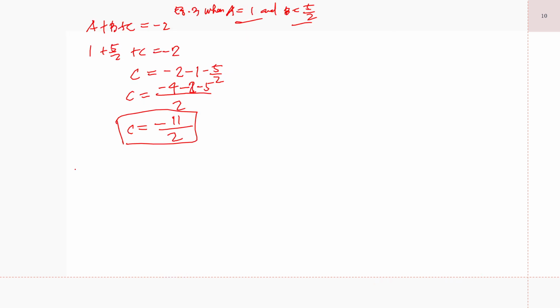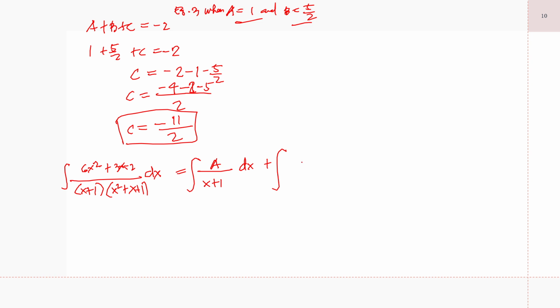So equating here, integral of 6x squared plus 3x minus 2 over x plus 1 and x squared plus x plus 1, dx is equal to integral of a over x plus 1 dx plus integral of b 2x plus 1 plus c over x squared plus x plus 1 dx.